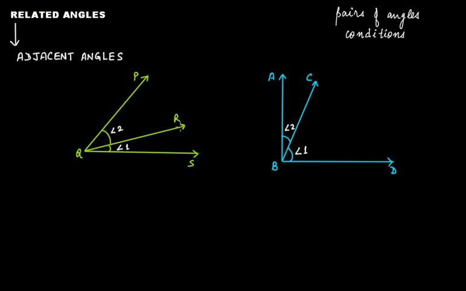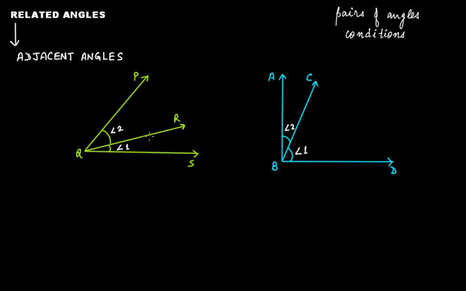We have another angle PQR where angle PQR has been represented as angle 2. So this angle 1 and this angle 2 are actually adjacent angles where Q is a common vertex and QR is a common arm.